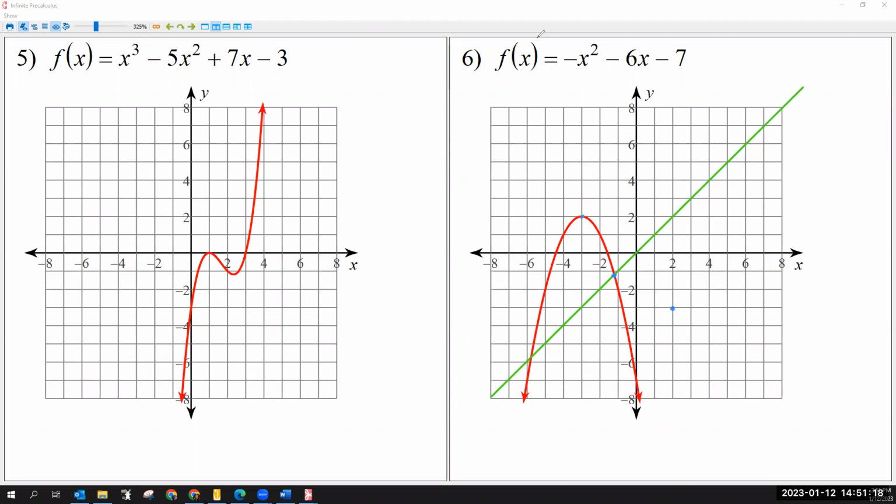It's got to cross there. It's got to cross here. Okay. Let's see here. And that should actually be pretty close to enough for me to get a pretty accurate graph. There we go.